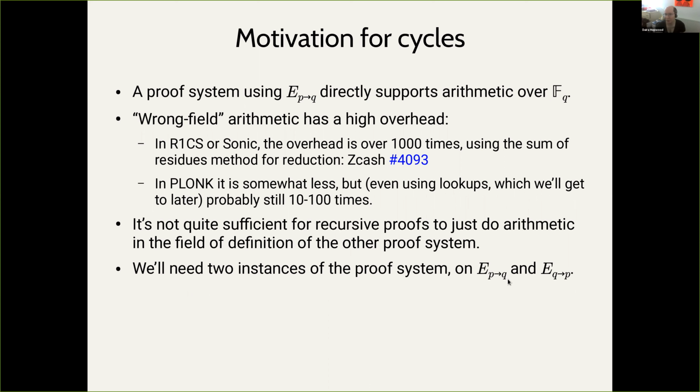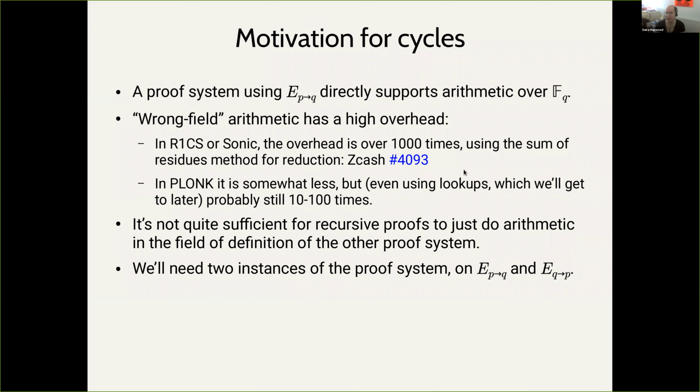And so suppose that we tried to get away with just 1 curve and tried to simulate this arithmetic in the other field. In a proof system based on R1CS or Sonic, that would give an overhead for the arithmetic of about 1,000 times.